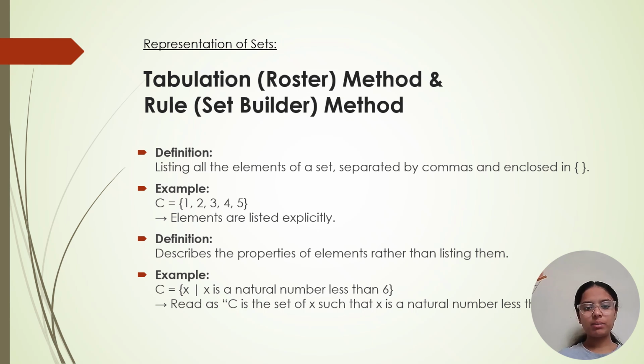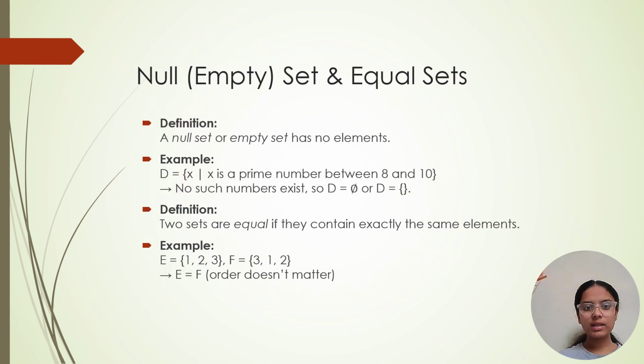Coming to the example, C equals x such that x is a natural number less than 6. We can read it as C is a set of x such that x is a natural number less than 6. So here we can define set C equals 1, 2, 3, 4, 5 because it is less than 6.